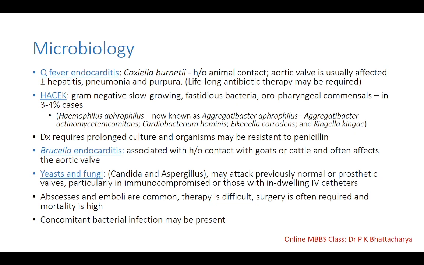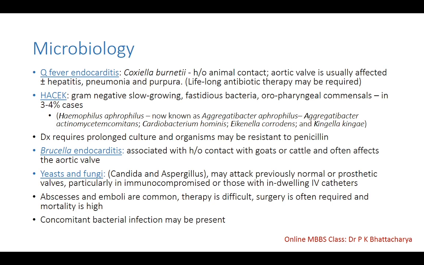This group is known by the acronym HACEK: Haemophilus, Aggregatibacter aphrophilus, then Cardiobacterium hominis, Eikenella corrodens, and Kingella kingae.